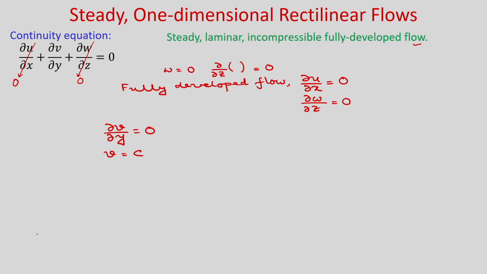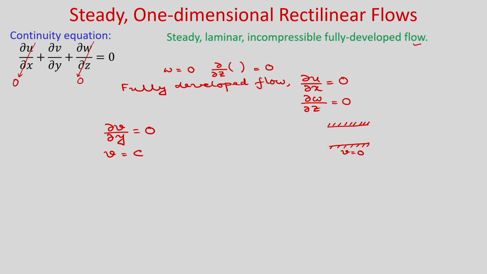Okay. And as we are considering, let us say, flow between two parallel plates, these are non-porous plates. So, if these are non-porous, then v will be 0 at the plate.